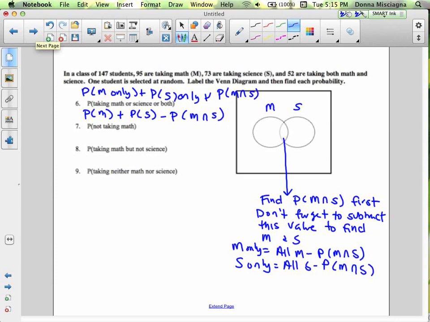Probability of not taking math, right? So that would be the probability of science, anybody who's not math, right? So that'd be the probability of science only, or the probability of neither.